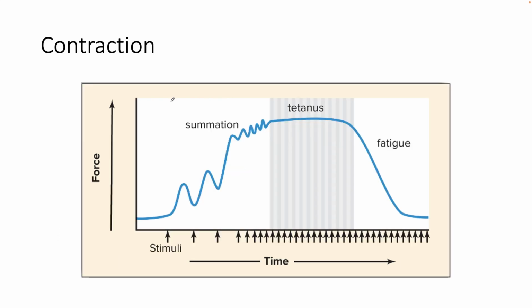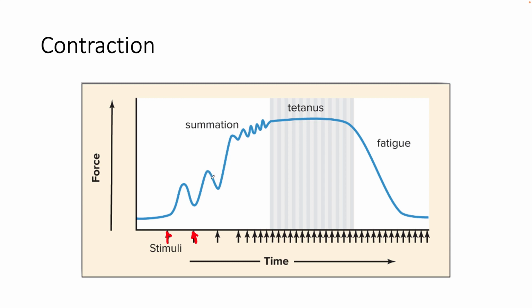To get actual contraction, we have to give repeated stimuli. So if you look at the bottom here, the first stimuli you give is going to get a little bit of contraction, a little bit of force. Actin and myosin will start to slide back apart. If you give another stimuli, either an electrical impulse or some acetylcholine, you will get more contraction, more force.